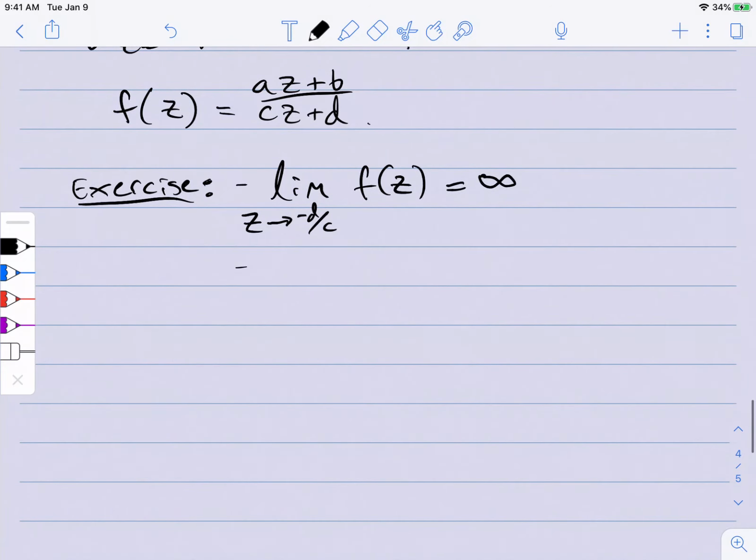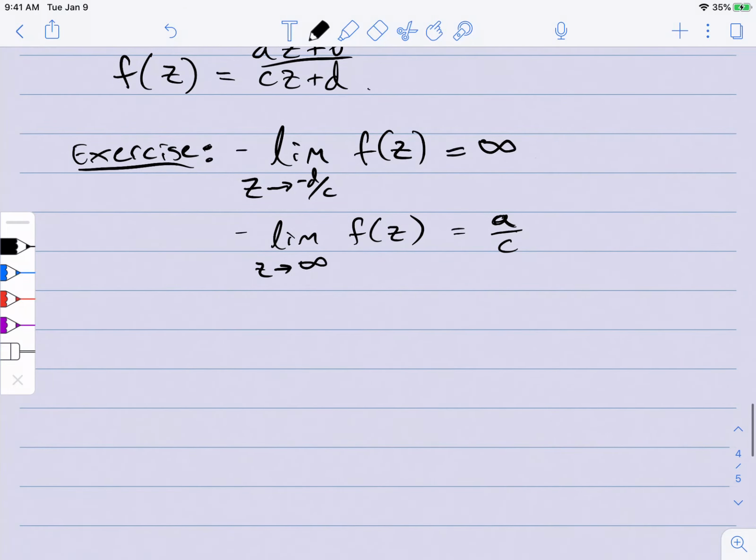And then similarly, we can look at the limit as z goes to infinity of f of z. And in fact, you'll see that it's equal to a over c. You can prove this using the epsilon delta definition of the limit.